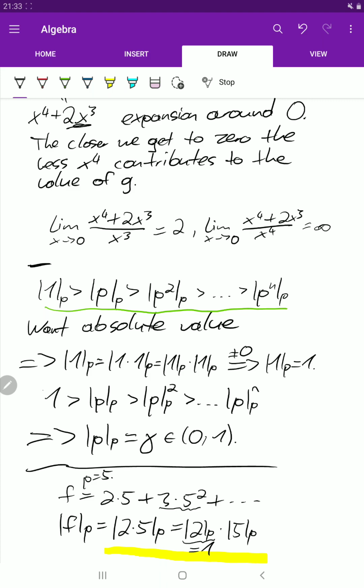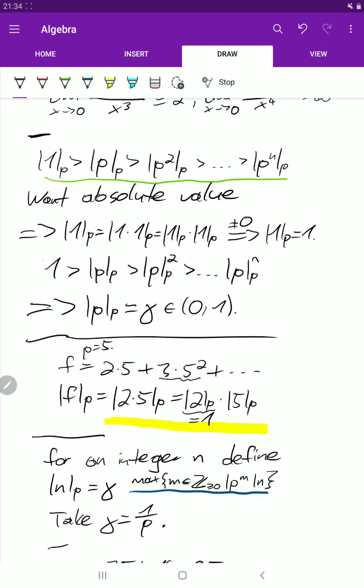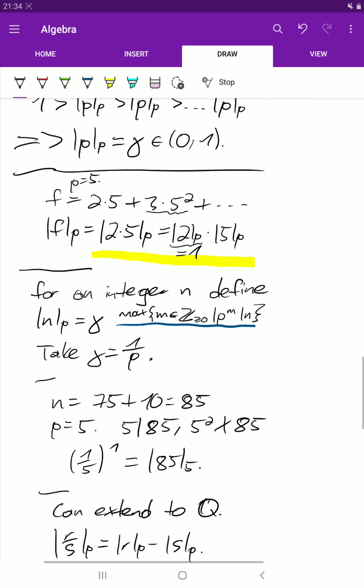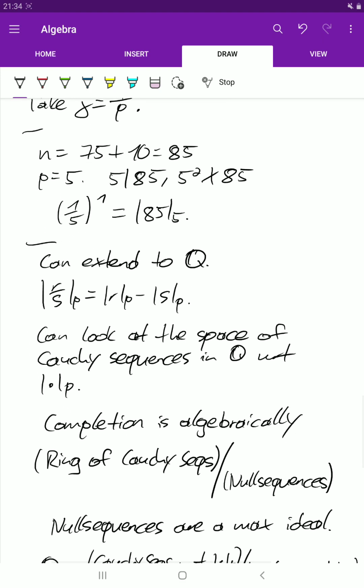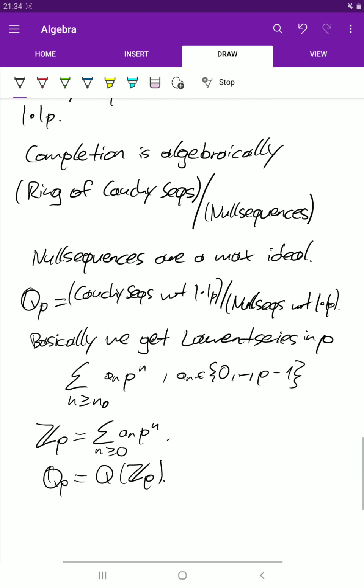When we get nearer to a point, the contribution of higher powers should get smaller. We used this to define the p-adic norm, then we went back to the integers, defined the p-adic norm there, and extended it to Q. Of course one has to check that it's really a norm, but it is. And then we looked at completion algebraically, and we constructed the p-adic integers.